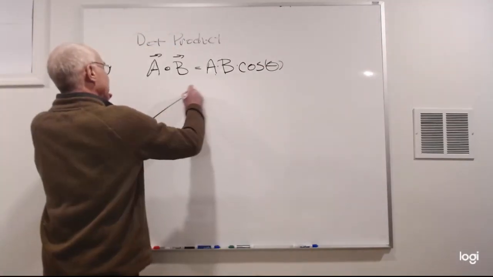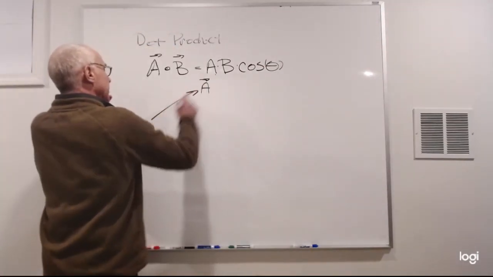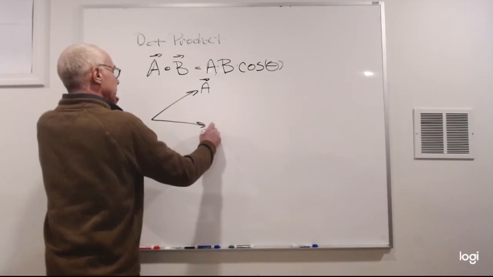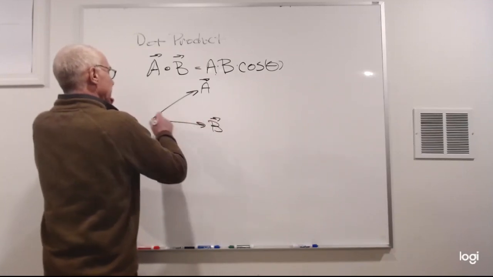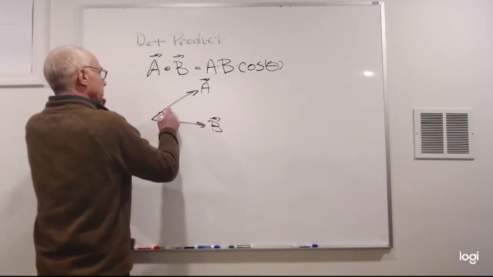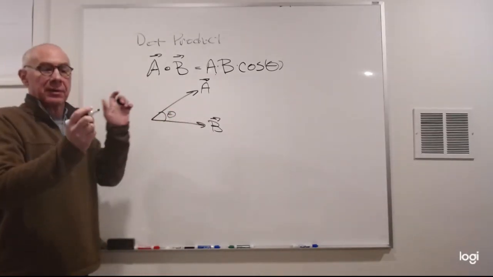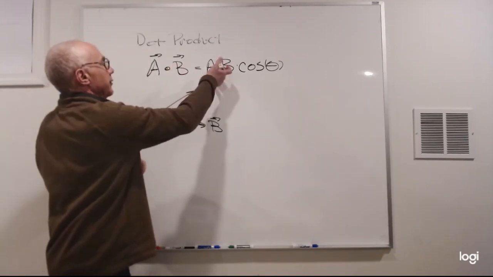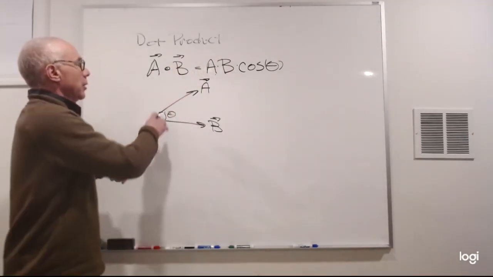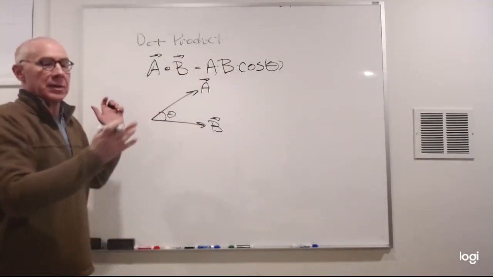What we're looking at here, two vectors, A and B, with an angle in between them. Okay, and A dot B, B dot A, same thing, because you're just reversing these, so you get the same value. The cos theta is the same.